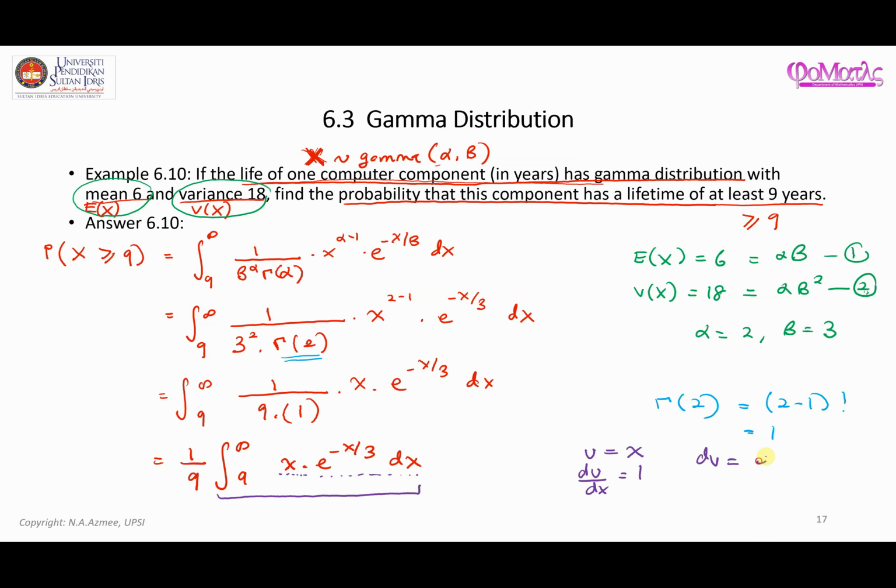So dv is e^(-x/3) dx, and if you integrate both sides of the equation, we get v equals e^(-x/3) over negative 1 over 3, which can be written as negative 3 e^(-x/3). Okay, got it. x over 3 right there at the top part.